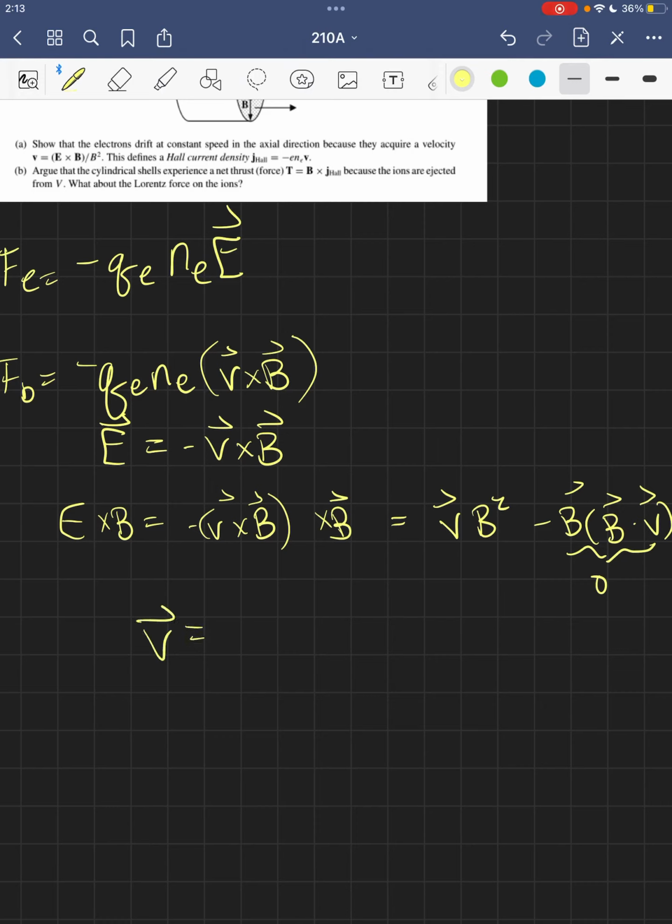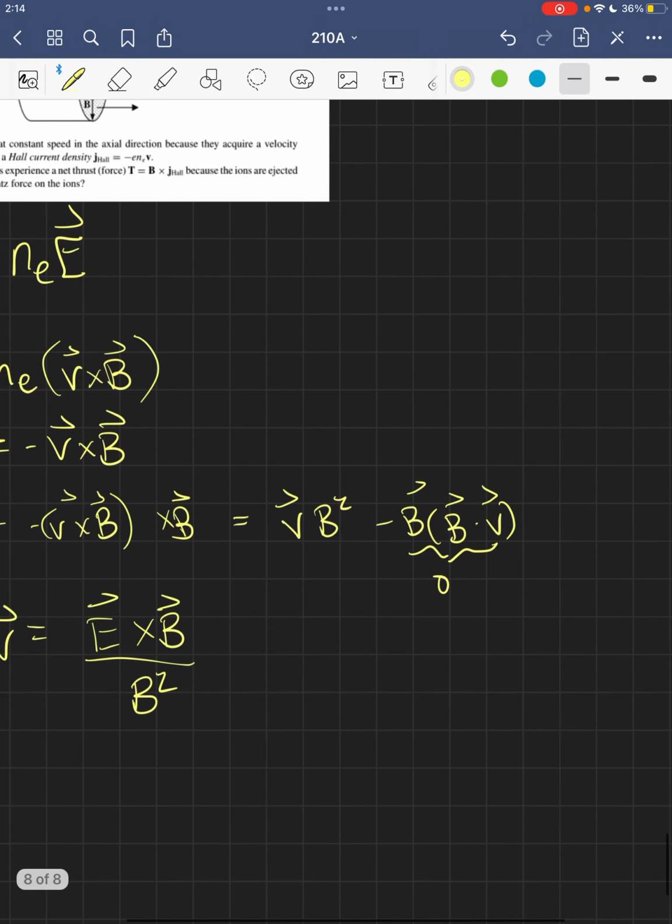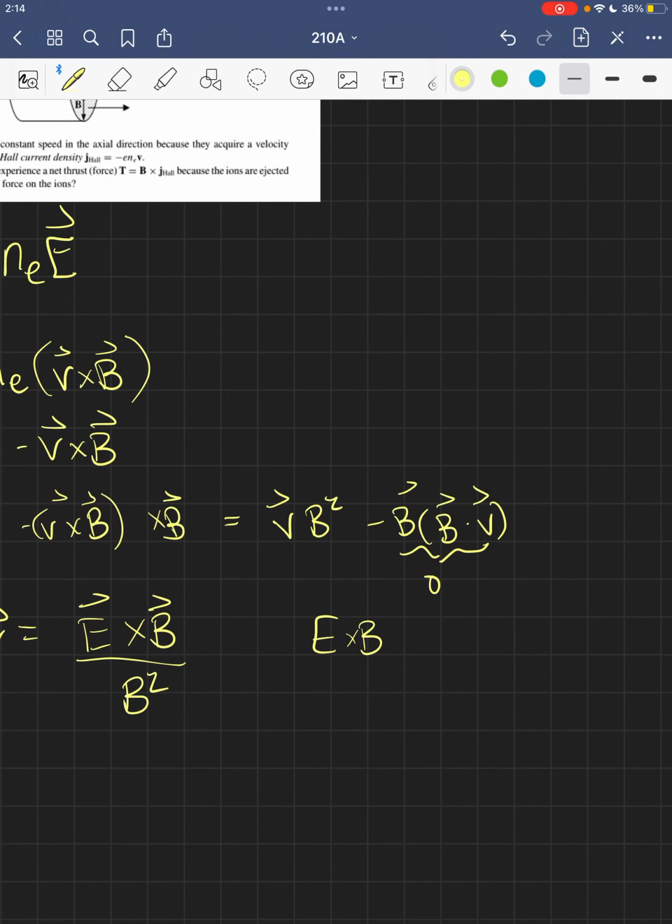So this is a very short derivation, but that's all we have. In plasma, this would be your E cross B drift velocity.